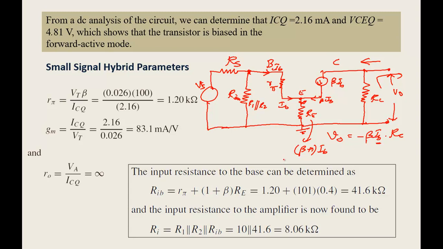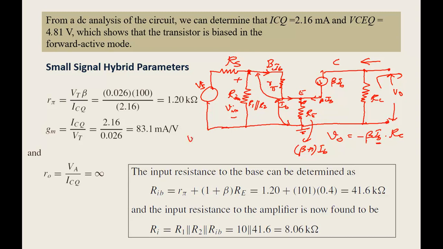Now, what is my V in? V in is the voltage across this resistor, which is nothing but the voltage drop across R pi plus the voltage drop across RE, because the sum of the voltage across R pi and RE will be the voltage across this, and that will be your V in.